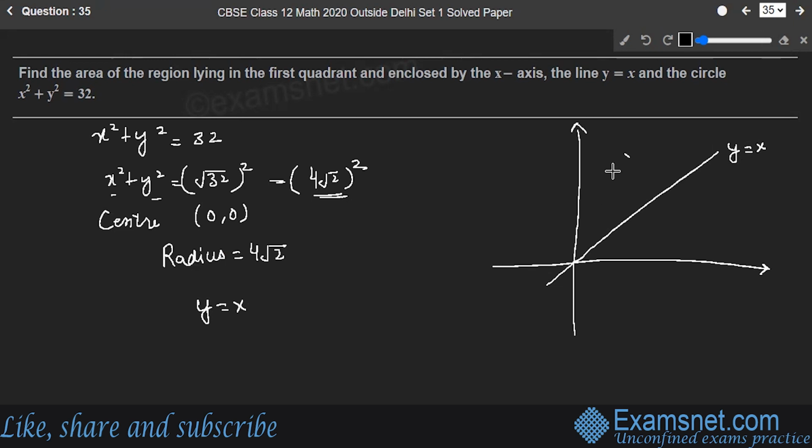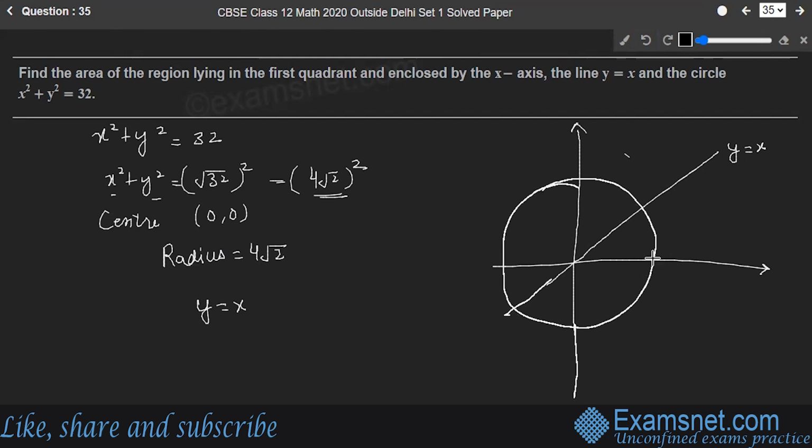And let's make the circle with the radius. Let's make this circle. This is not the perfect one. So this is the circle with the radius. This is the point 4 root 2 comma 0.